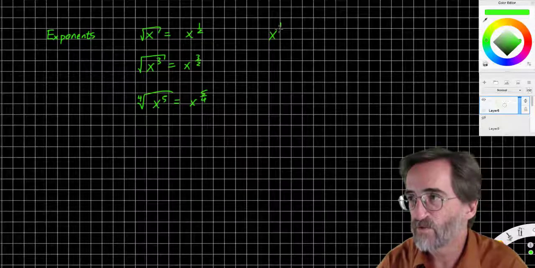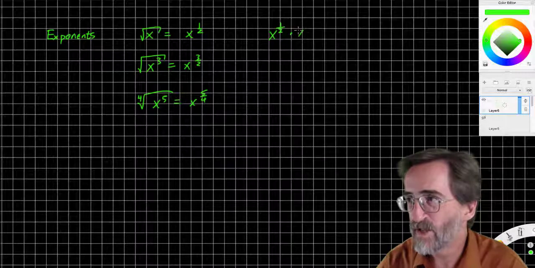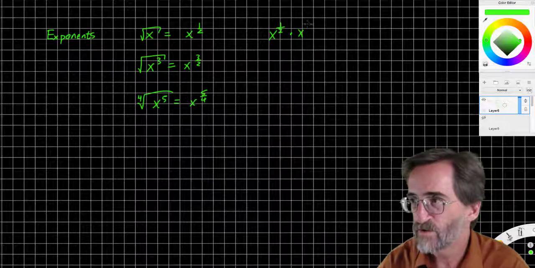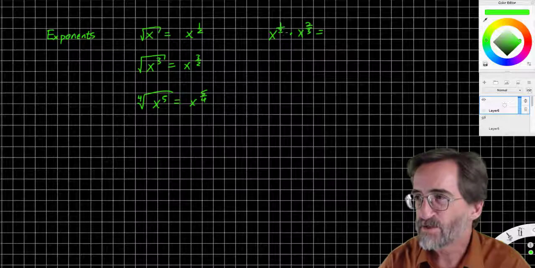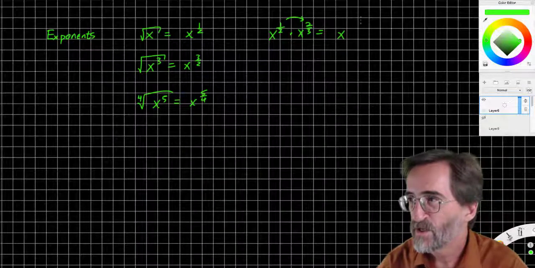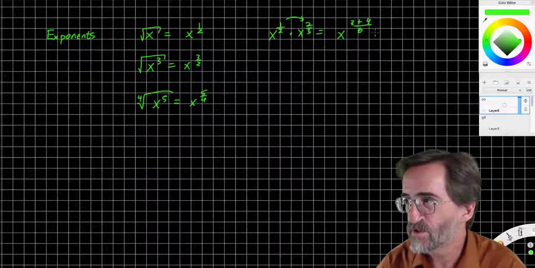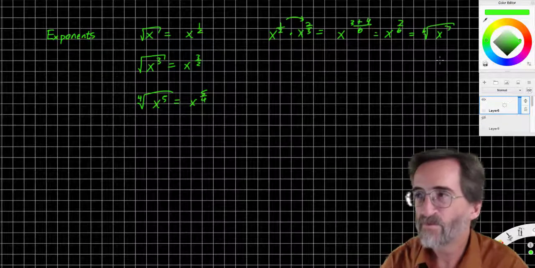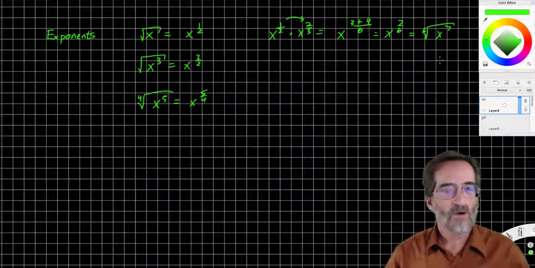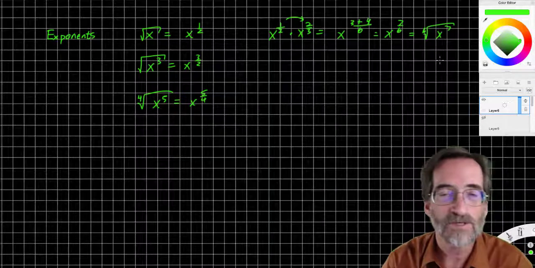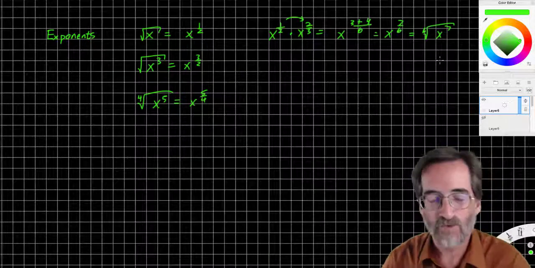So if I have x to the 1/2 times x to the 2/3, when you multiply same bases, you add the exponents. 1/2 plus 2/3 would be 3 plus 4 over 6, which is x to the 7/6, or you could say the 6th root of x to the 7th. So all the rules of exponents apply even though you're dealing with fractional exponents. That's important to remember.